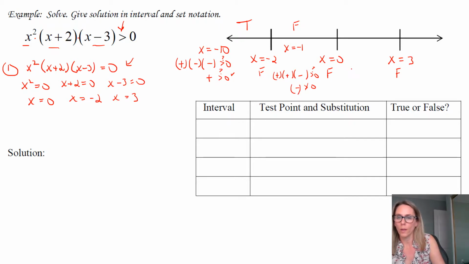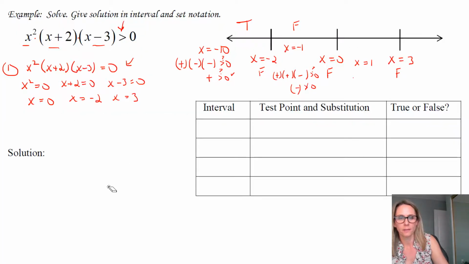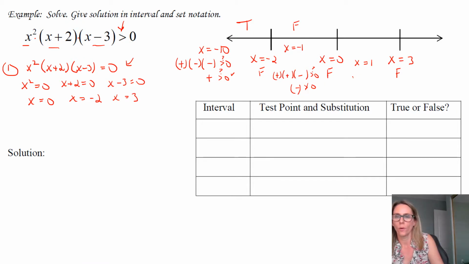Then we can keep going, picking something between 0 and 3. Maybe I pick 1. But again, it gets faster if you don't think about it that way. So x being 1, we're going to have positive times a positive times a negative.